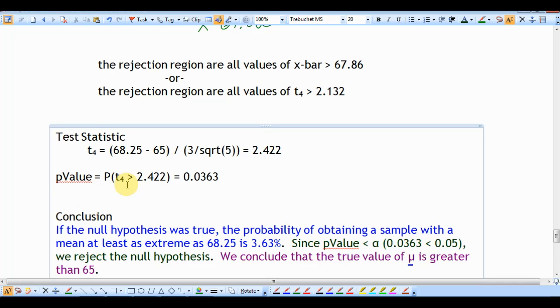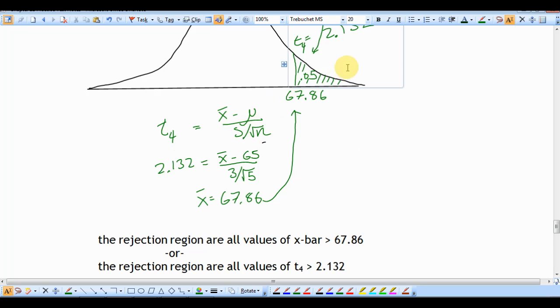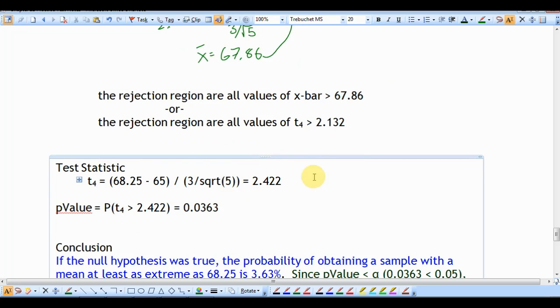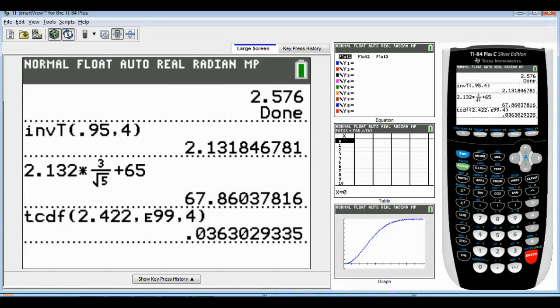So for our p-value, we take T4 greater than our test statistic. On this sampling distribution, we're somewhere here, and the probability from our test statistic to infinity is very low, 3.63%. But how do you get that from here? That number is from here.